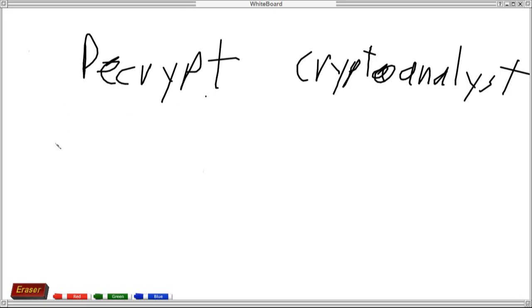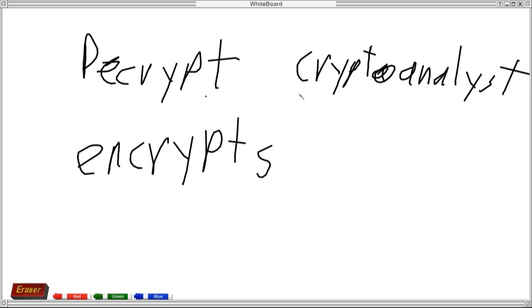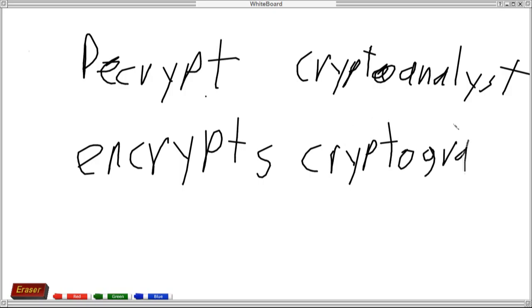Now, the opposite of that is someone who encrypts, and that's a cryptographer. A cryptographer.